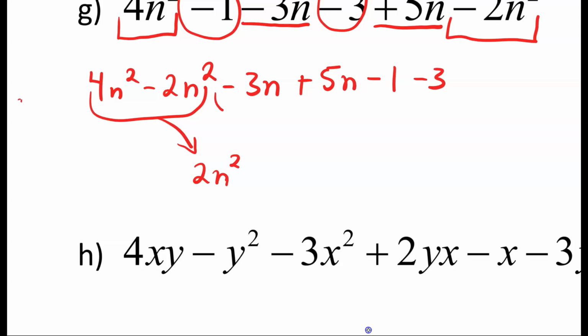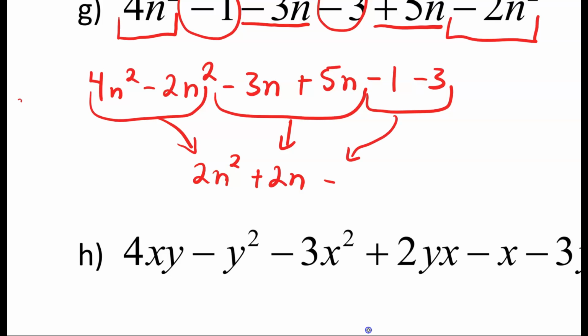Then I have negative 3n plus 5n, which gives me positive 2n. And my last part is negative 1 and negative 3, which gives me negative 4. And that would be my final answer for combining the like terms.